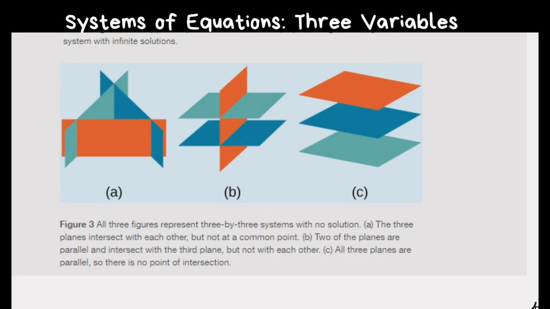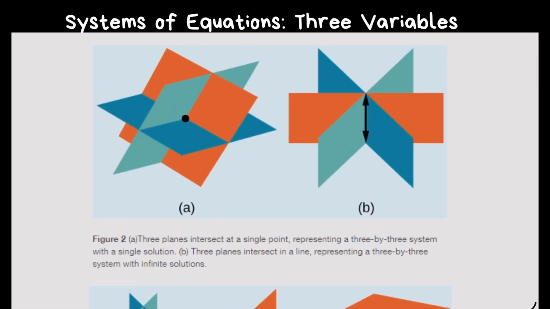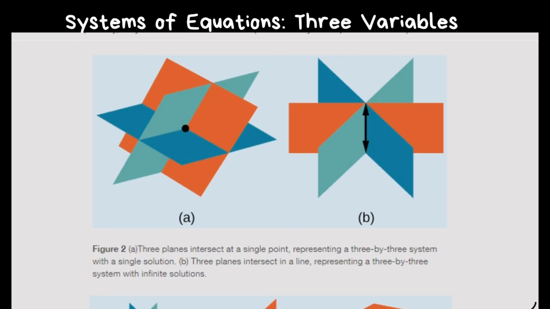For A, there's 0 solutions for the entire system because all 3 planes don't have any points in common, okay? For B, it is also no solutions because there is no single point or single line where all the planes come together. Same thing with C. So there's actually 3 different scenarios where there's no solutions, and there's the 2 scenarios where there's either 1 solution or infinite solutions.